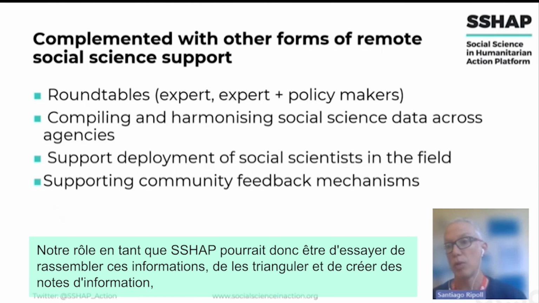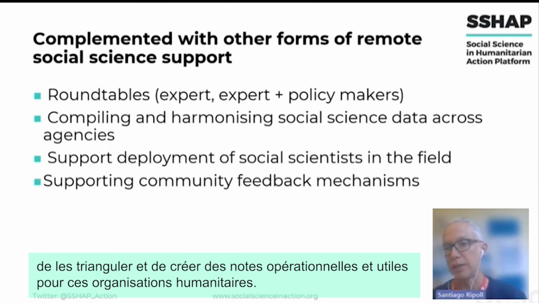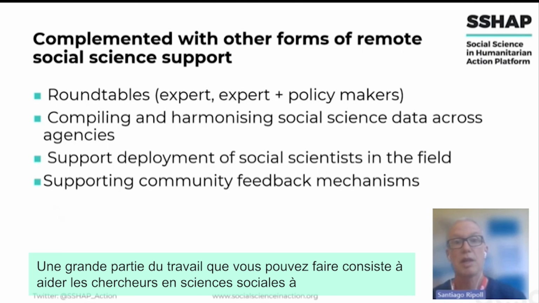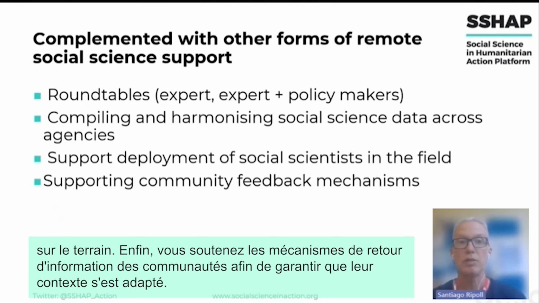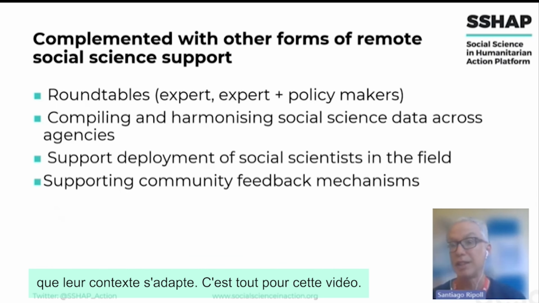So our role as SHAP could be to gather that information, triangulate it, and create briefs that are operational and useful for these humanitarian organizations. And a lot of the work that you can do is to support social scientists to understand what humanitarian responses entail and build their capacity before they go into the field. And then finally supporting community feedback mechanisms to ensure that they're context adapted.